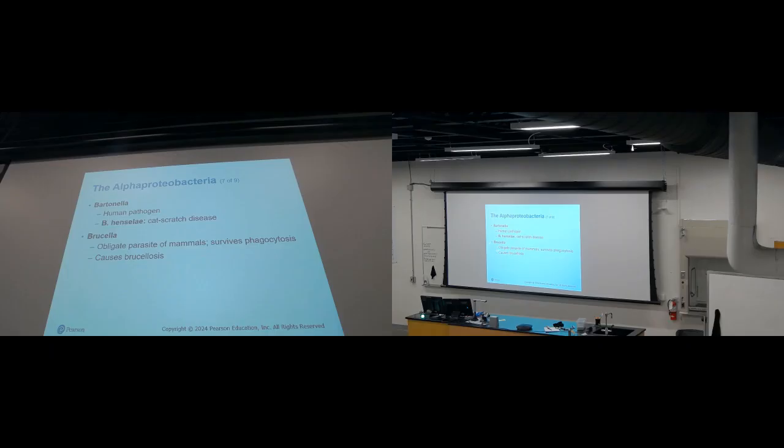Anyway, now for Brucella. Brucella is an obligate parasite of mammals and survives inside macrophages. We have a species, Brucella melitensis, that causes brucellosis. So Brucella melitensis can infect cattle, but more than likely will be goats as well.